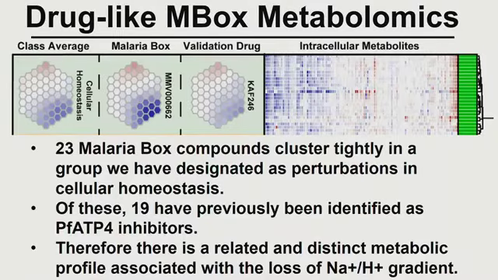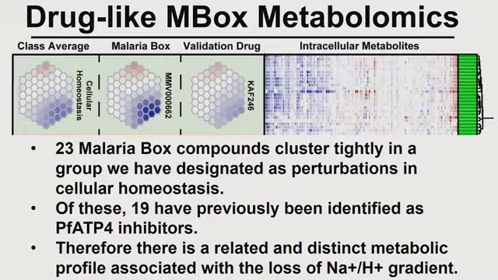If you look in particular at the green category, these are 23 malaria box compounds that we've designated as cellular homeostasis, in part because we don't quite understand what is actually going on in the cell when we expose them to these drugs, but they all respond very analogously to each other. Of these, 19 of the 23 have already been reported as PfATP4 inhibitors.